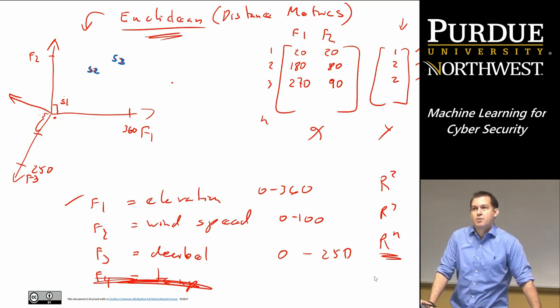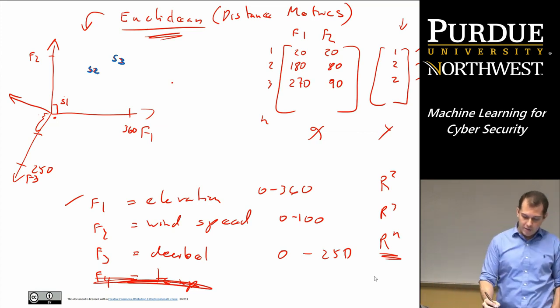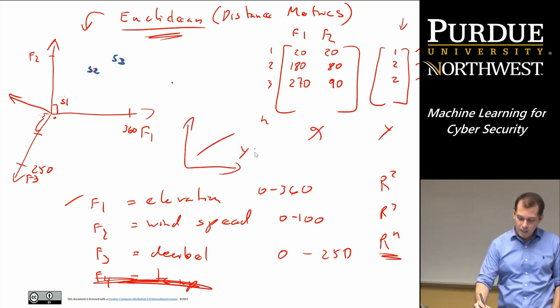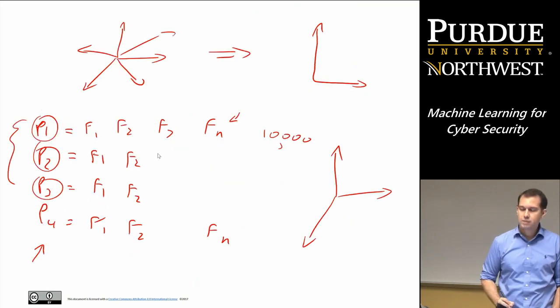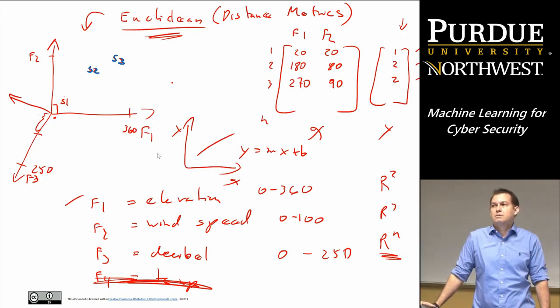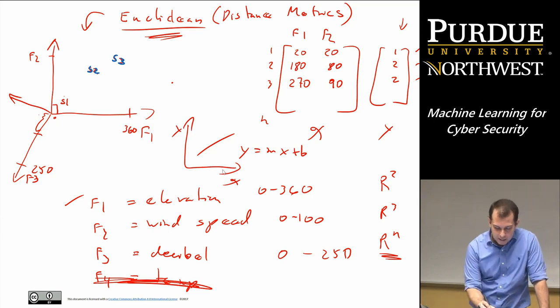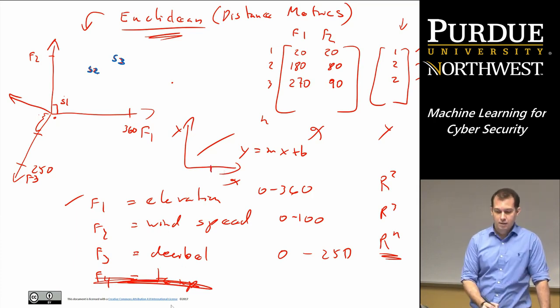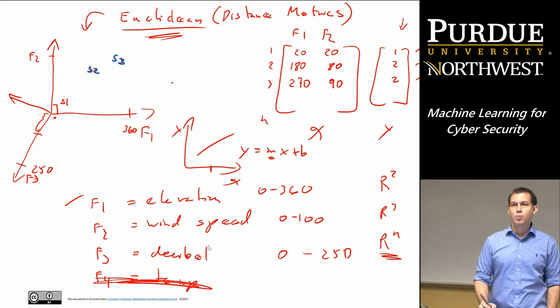We learned a simple equation in school: y equals mx plus b. That's the formula of a line. You have the value of x, multiply it times the slope, plus a bias, and then you can draw this line.